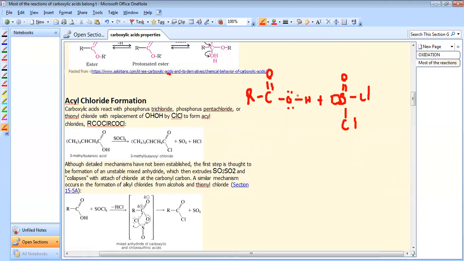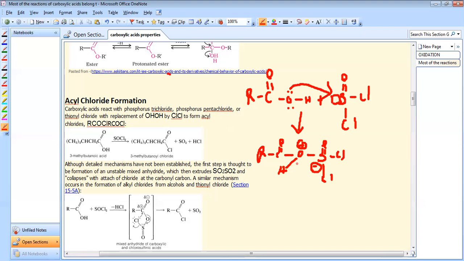Now here, we have lone pairs of electrons. The carbonyl oxygen is more nucleophilic than the hydroxy oxygen, but whenever it attacks here, due to the bulky size the attack cannot be feasible. So these lone pairs of electrons readily attack the sulfur. Thereby we get this structure: R C double bond O gets a positive charge, this is H, and here S double bond O, Cl and Cl, which acquires a negative charge.